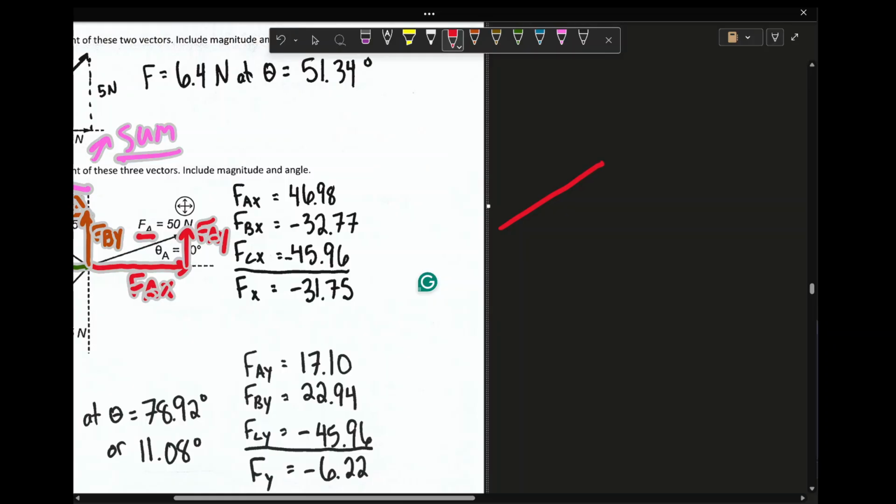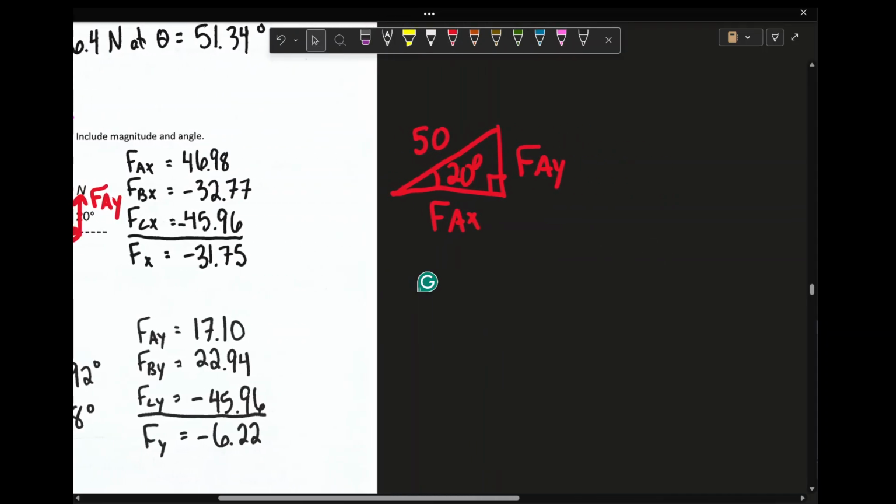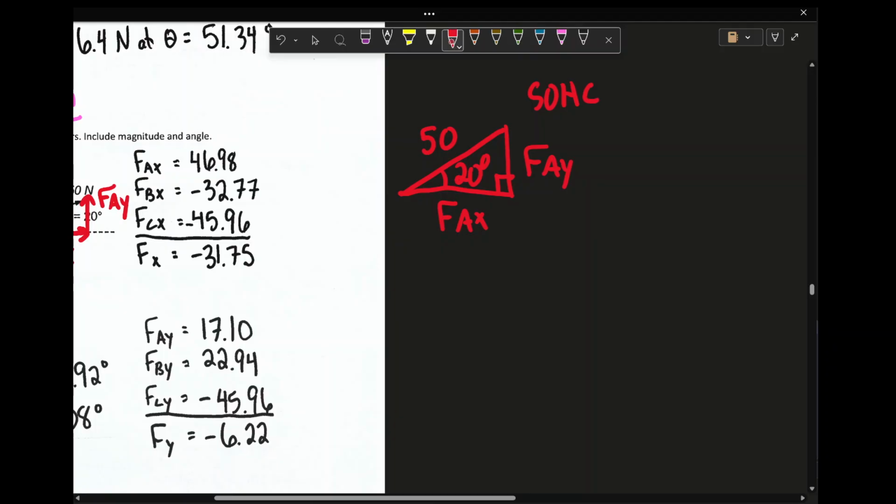So I'm going to redraw the triangle here. The hypotenuse is 50. This is FAX, and this is FAY. Here's the right angle, and the angle in here is 20 degrees. So we need to use our SOHCAHTOA, and that'll help us choose the right trig function. We'll start with FAX.